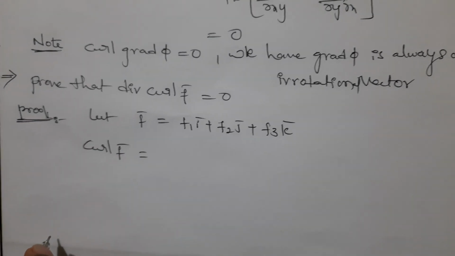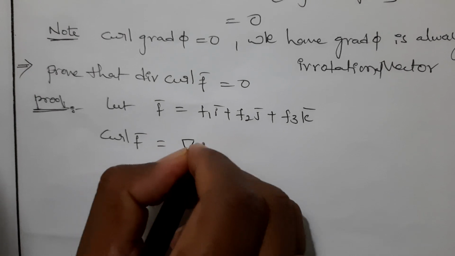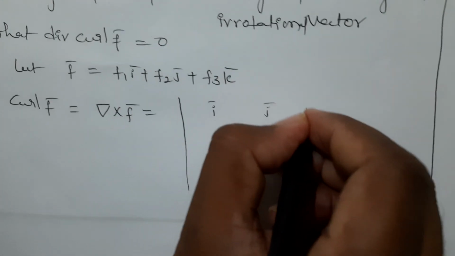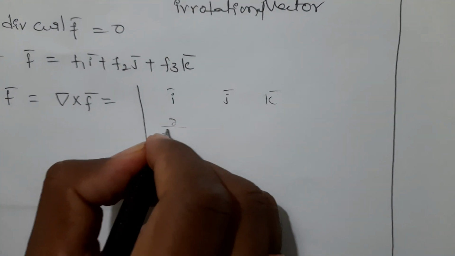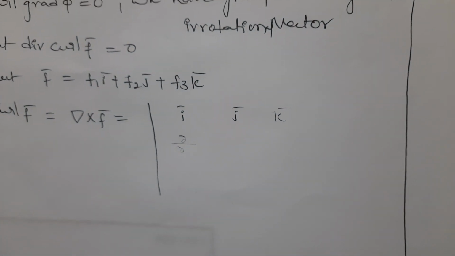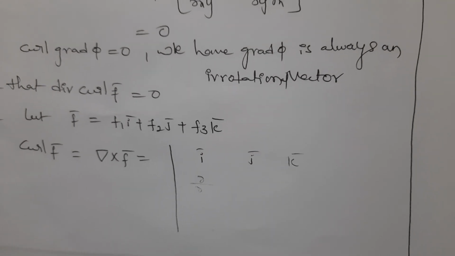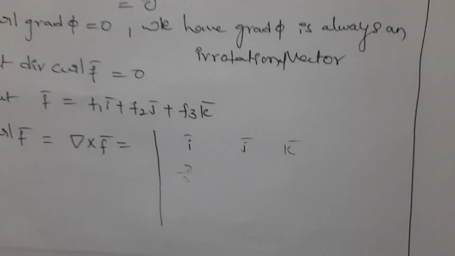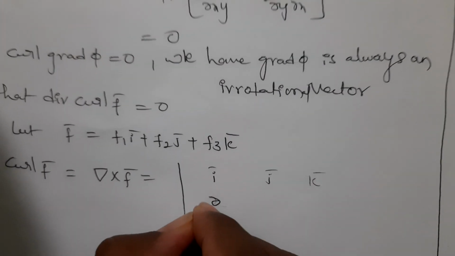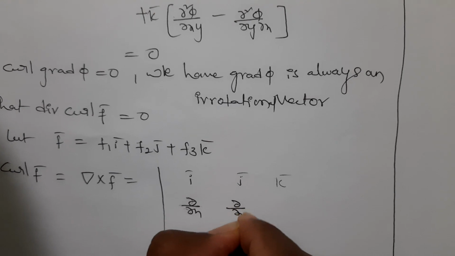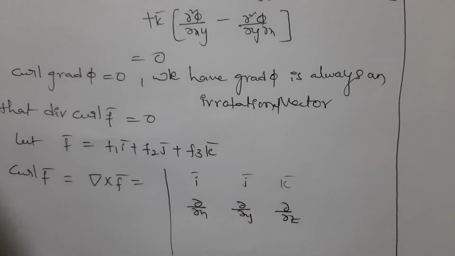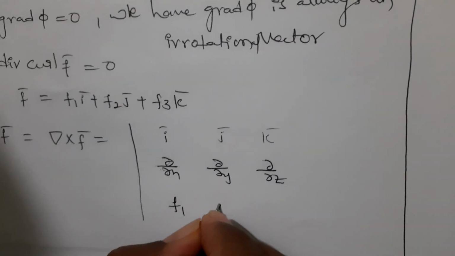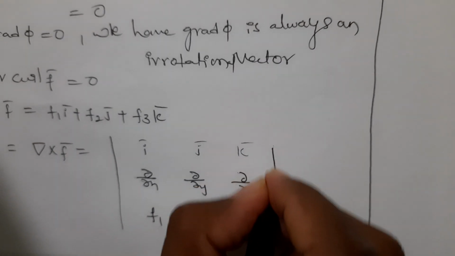Curl f bar is equal to del cross f bar, that is equal to the determinant with rows i bar, j bar, k bar; dou by dou x, dou by dou y, dou by dou z; and the coefficients of i, j, k of f bar are f1, f2, f3.